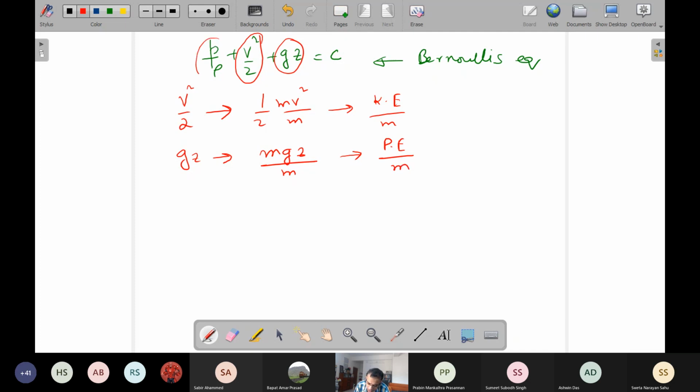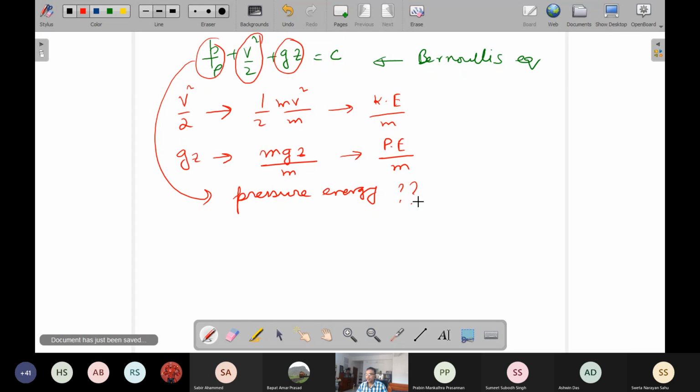So then the question is, what is this? In schools, it is sometimes called pressure energy, again maybe per unit mass, because the other terms are per unit mass. But the only trouble that I have with this is not that I am not ready to accept pressure energy as a term, but that kinetic energy and potential energy give us an intuitive feeling of their physical meaning.